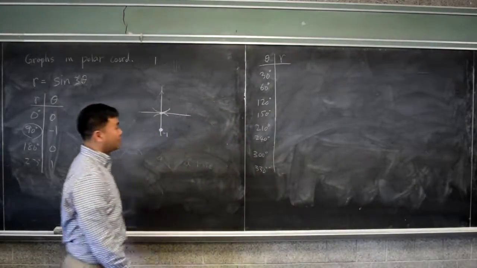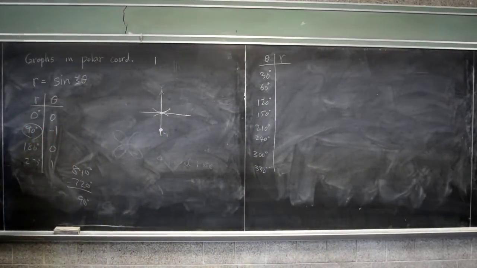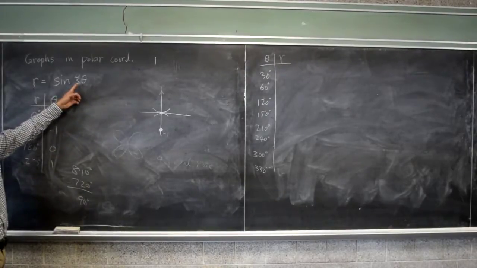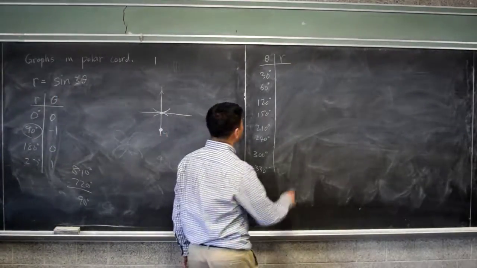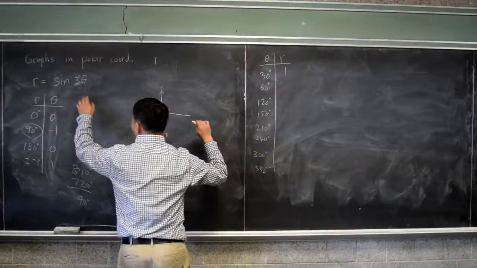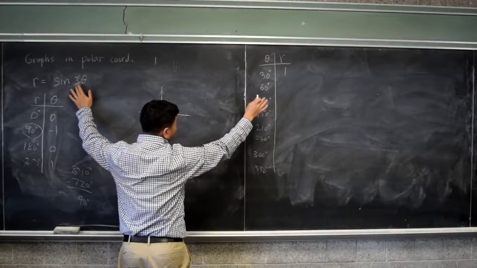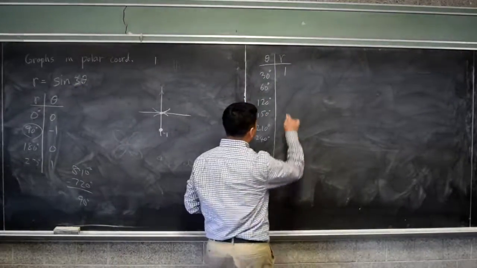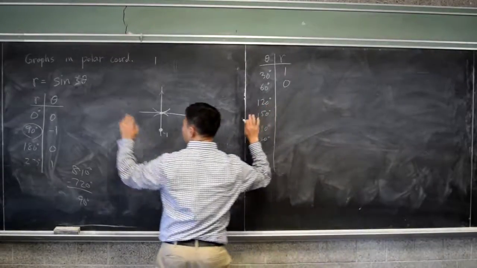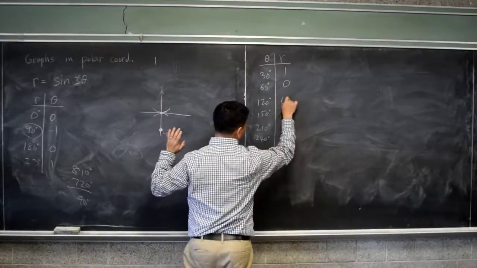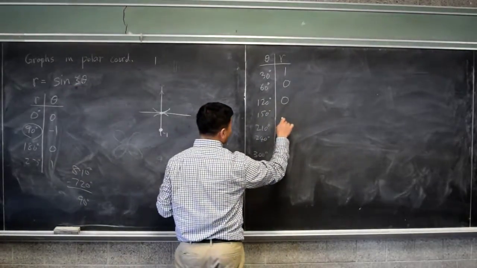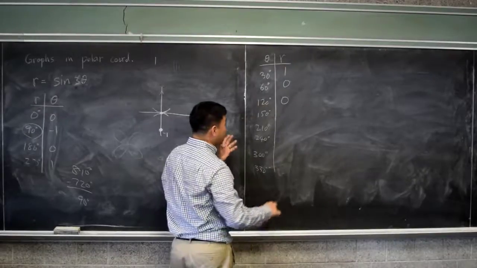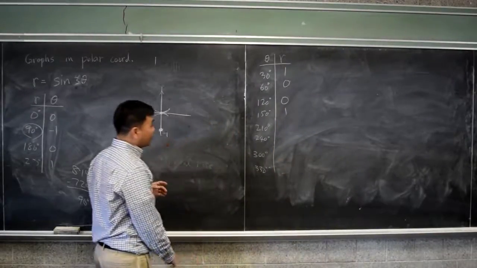Let's think about these numbers, okay? If you plug in 30, 30 times 3 is 90, and sine 90 is 1. 60 times 3 is 180, sine 180 is 0. 120 times 3 is 360, it's 0 again. 150 times 3 is 450, which is 90 plus 360, so it's 1.